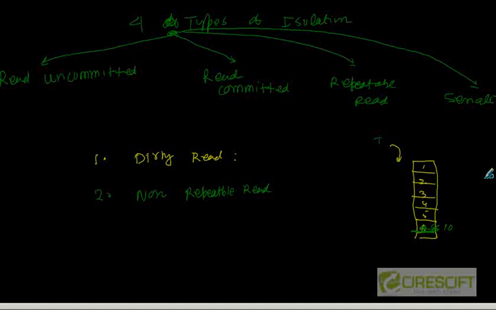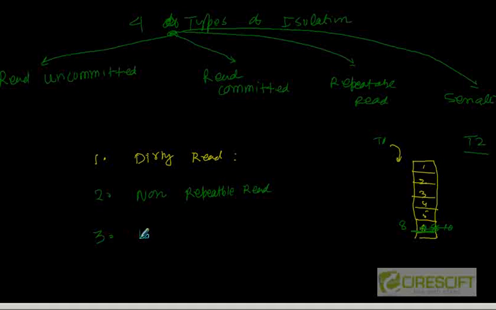You may not get the same answer if you read a row at a different time. Let's say at time t1 we read and got the initial value 8. At time t2, somebody has changed it, and when you read, you see another value. Therefore this is called non-repeatable read. That means if I run the same select statement at two different times, I am not able to get the same result.